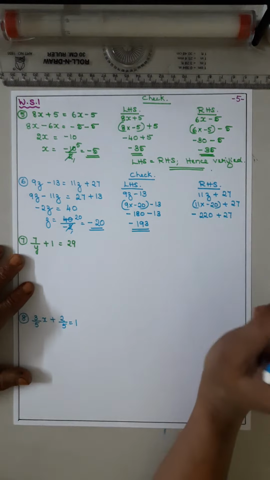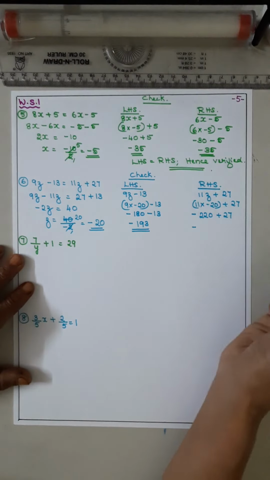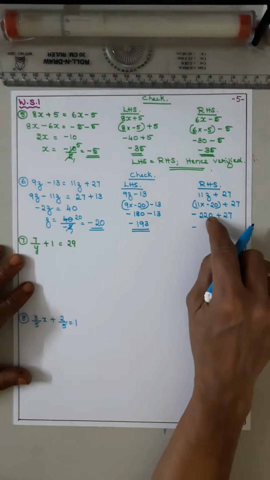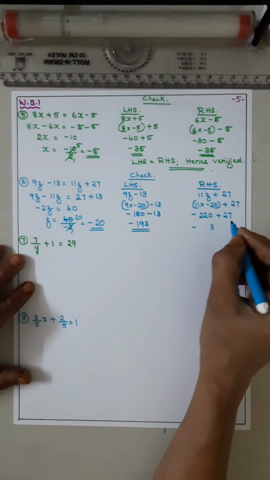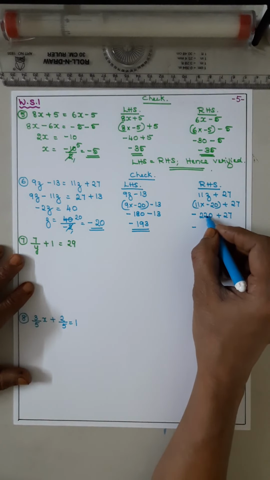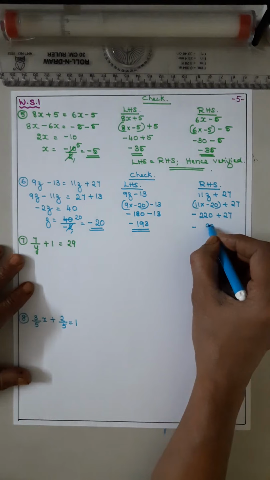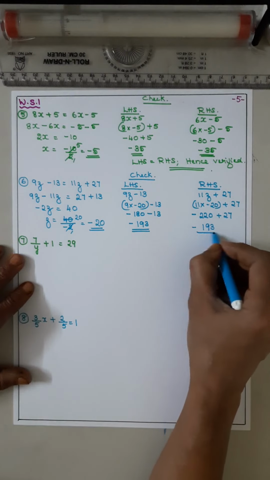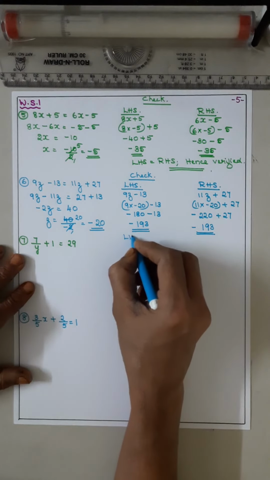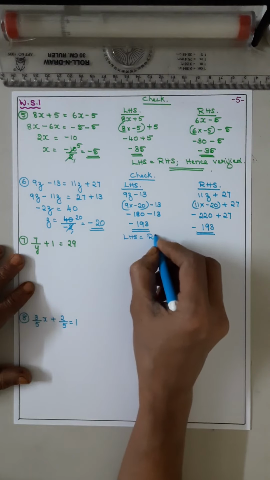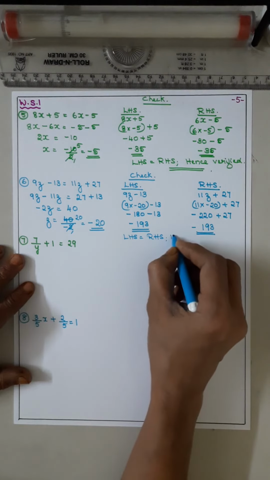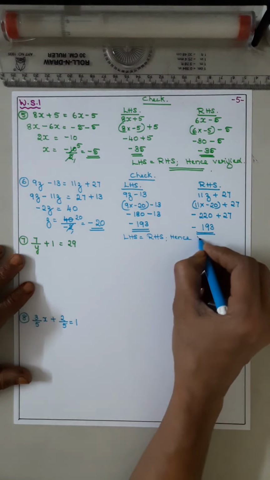Now signs are different, so subtract. The sign of the bigger number is minus. 10 minus 7 is 3. Now here it is 1. That means 11 minus 2 is 9 and 1. That means LHS is equal to RHS. Hence, verified.